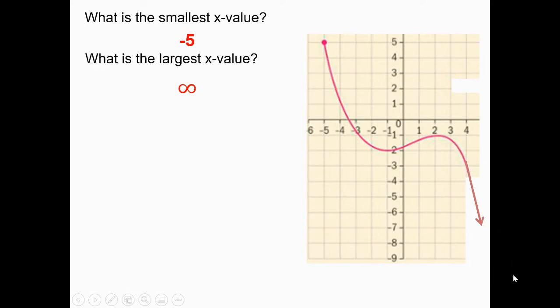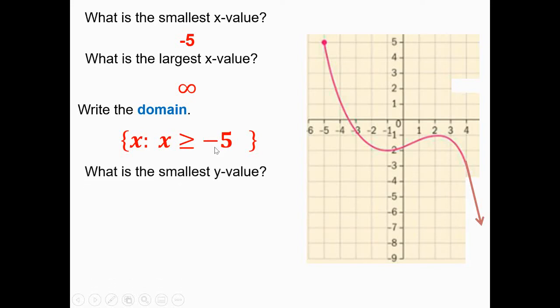If it forever goes that way, it will forever be going along the x-axis, until infinity. Therefore, x values go to infinity. Okay, what is the domain then? Well, x such that x values must be greater than or equal to -5, because x values can be anything -5 or greater right here.